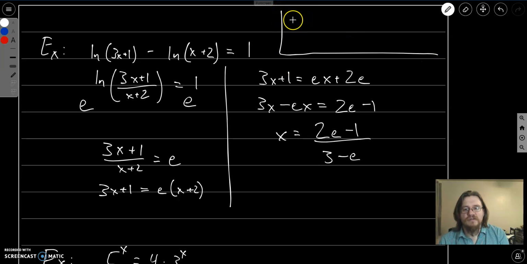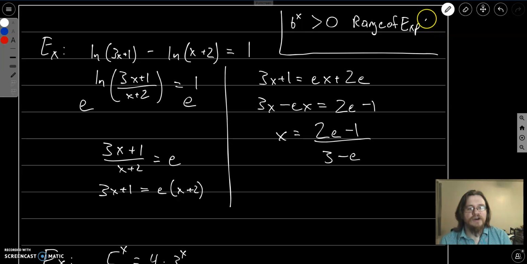If we remember that if we take a power, this must always be positive. So the range of an exponential is always going to be from 0 to infinity.